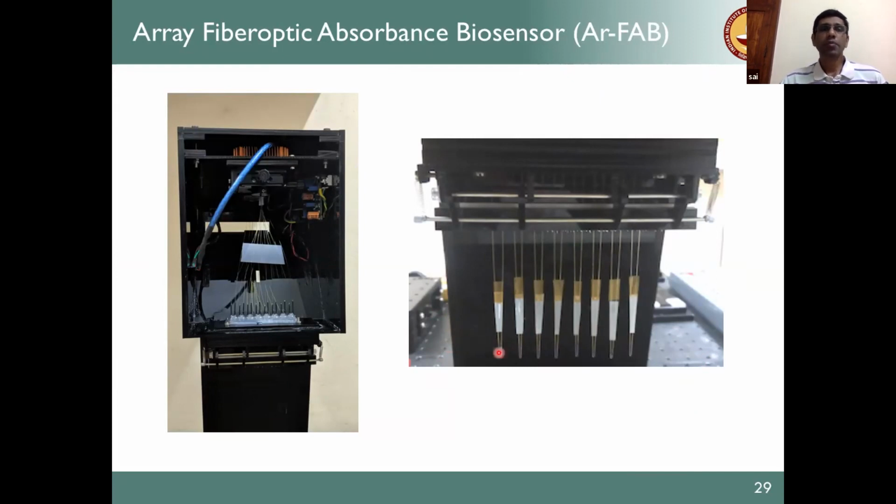So we have developed an 8-channel fiber optic absorbance biosensor. We call it RFAB. We have an Indo-German science and technology project, a phase 2 extension of our project, mainly to develop and demonstrate this technology.